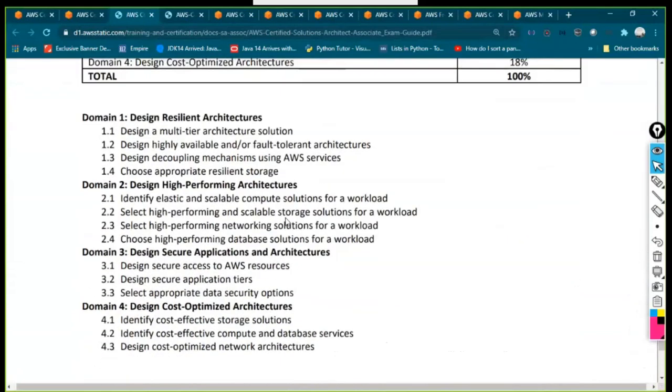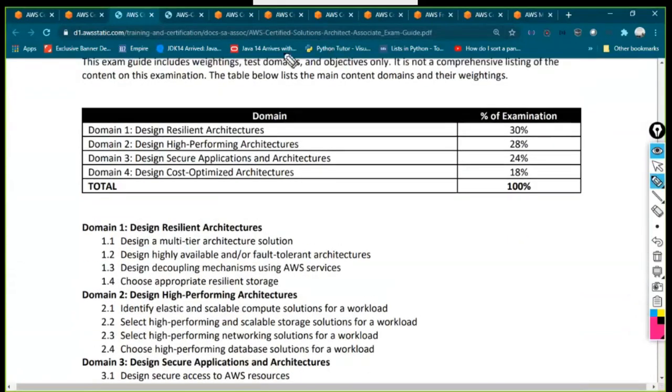In the exam guide, you will see the topics listed here. These are domain topics. There are four major domains: design resilient architectures, high performance architectures, design secure applications and architectures, and cost optimization.